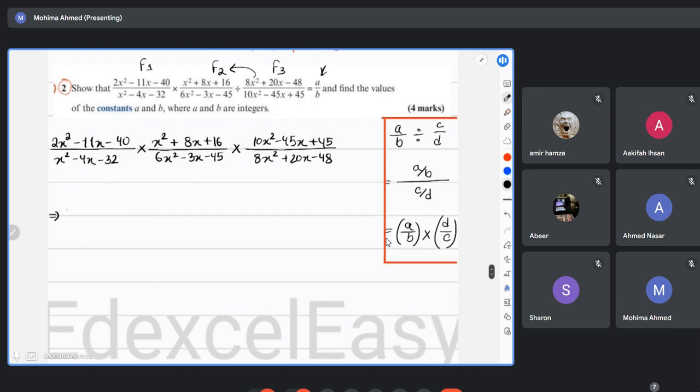So for this case, I'm going to split it as 2x squared, 16x plus 5x minus 40. This one has to be positive. This is divided by x squared minus 4x minus 32.